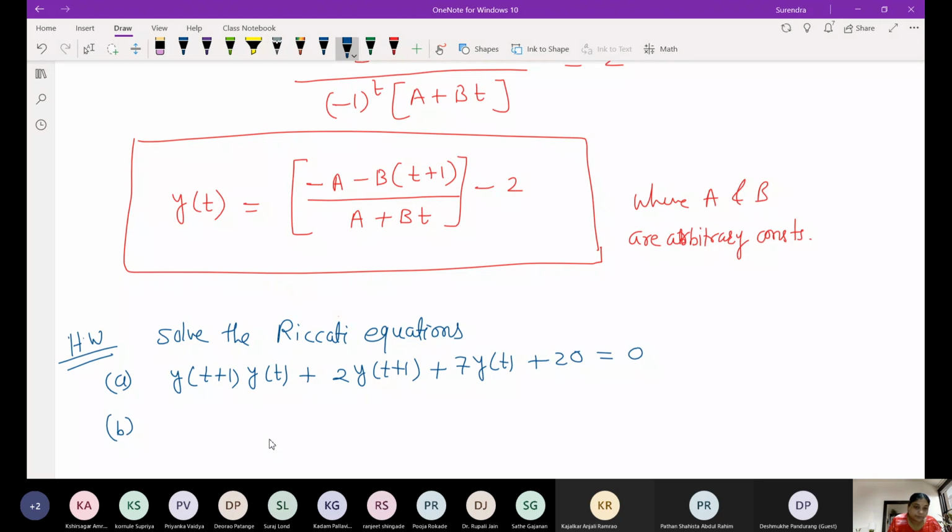And second one, y at t plus 1 into yt minus 2 times yt plus 2 is equal to 0.